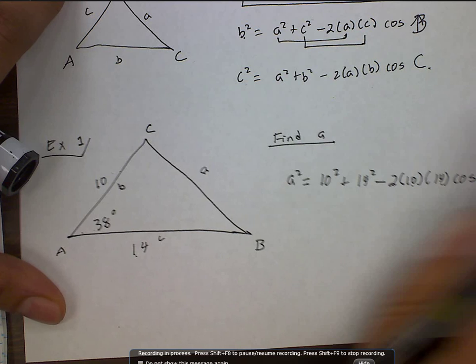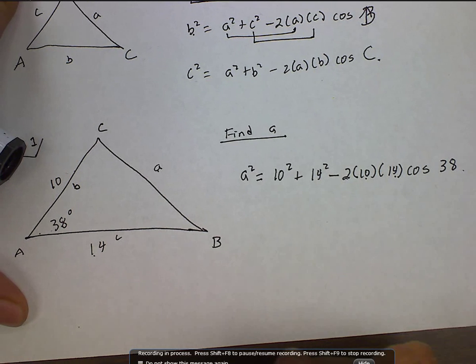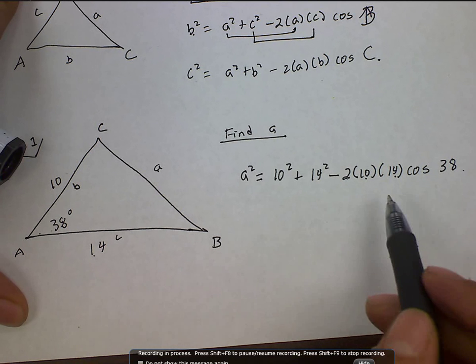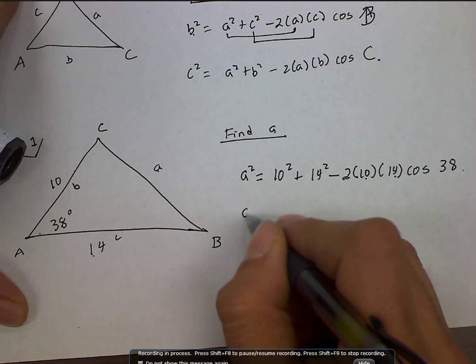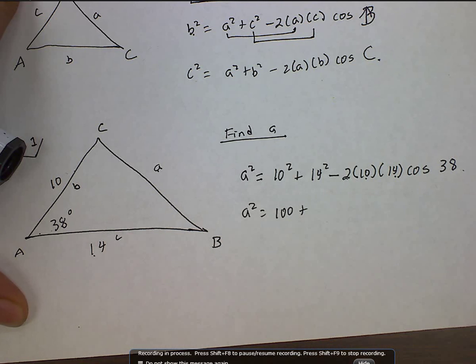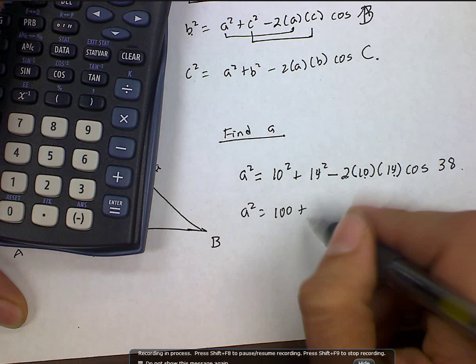Now, in this problem, PEMDAS is very important, okay? So first you have to do multiplication, and then you do addition and subtraction. So 10 squared is 100, plus 14 squared, that's 196. Let me just double check. Yep, 196.